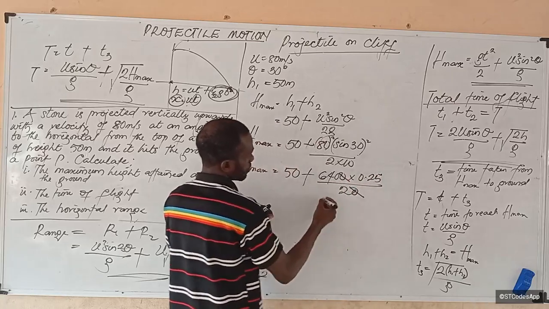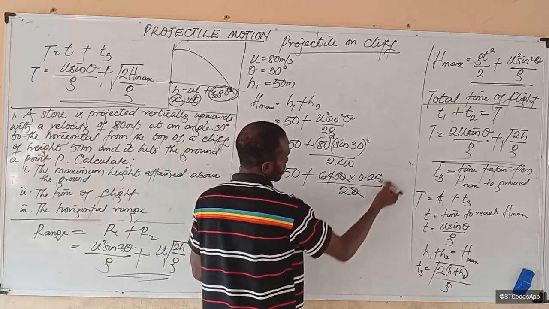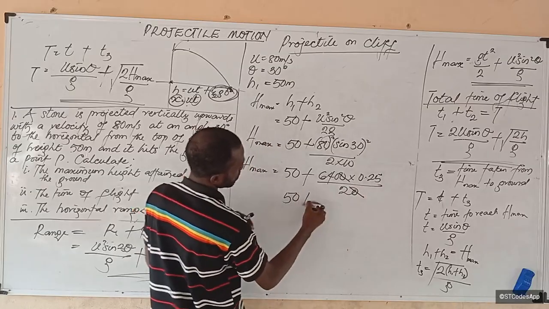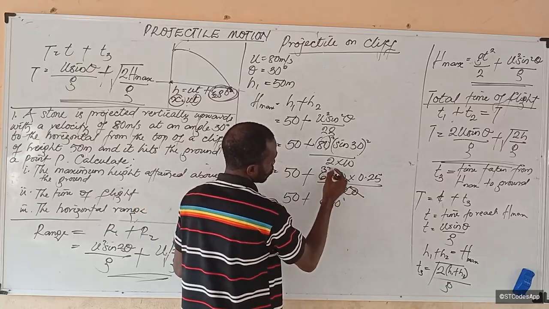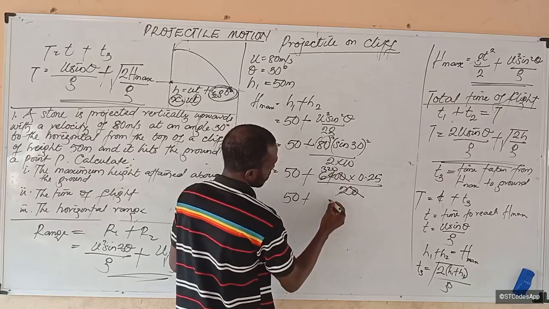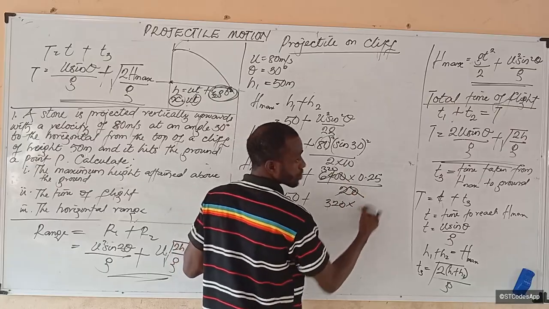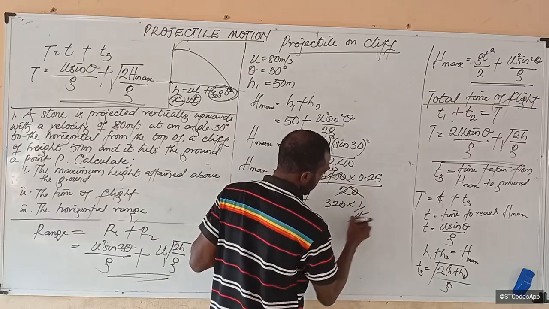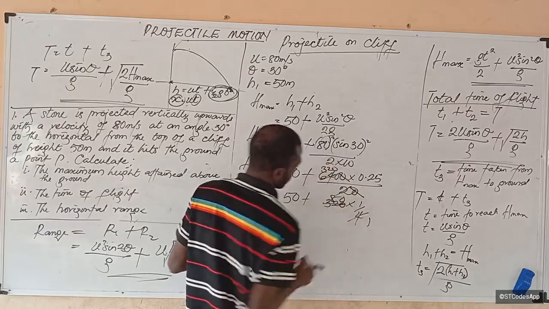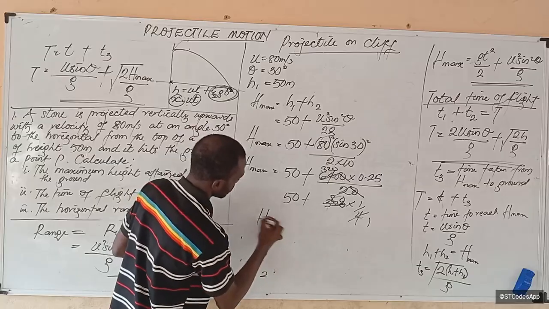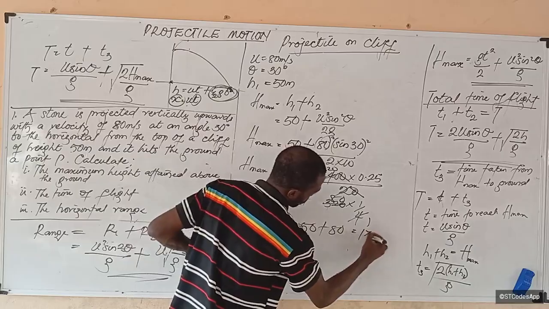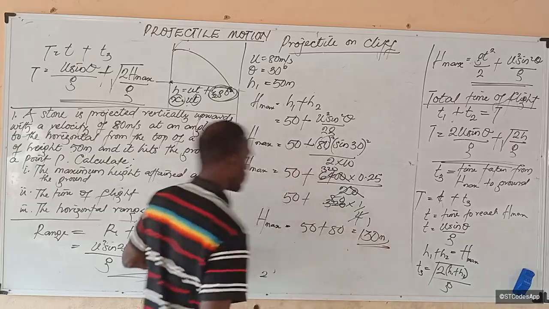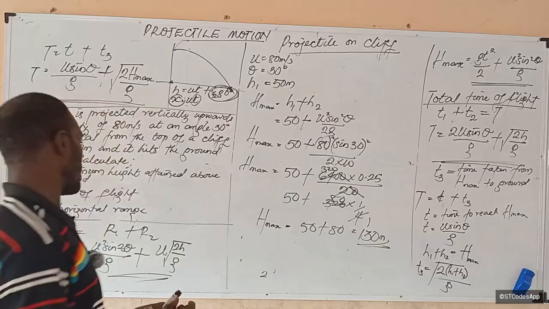We have 640 times 1 over 4, so 320 times 0.25 is 1 over 4. So the answer is H max equals 50 plus 80, that is 130 meters above the ground. And I think that is the answer.